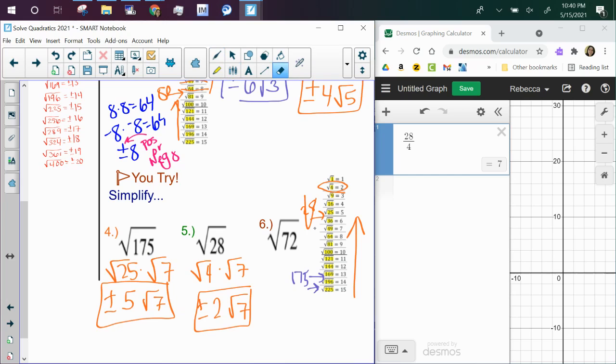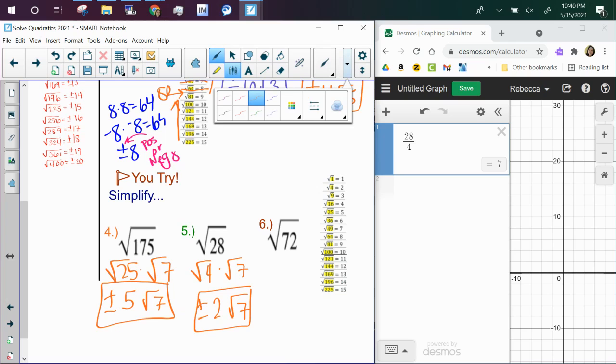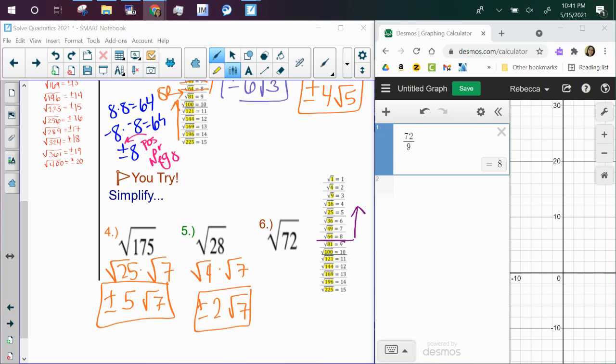Okay, finally, we have to do 72, and hopefully you already did 72 and you've got an answer. Are you ready to shout it at your computer? So 72 falls right here. So we've got to try 64 on up. Now, if you said 9, well, 9 is a perfect square that goes into 72, but be careful.